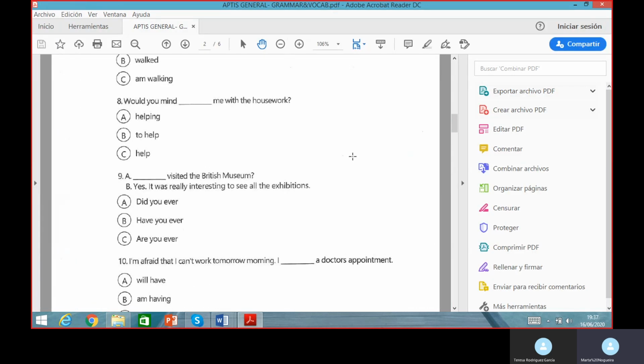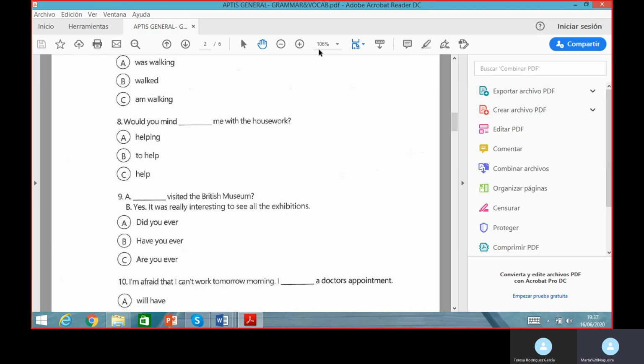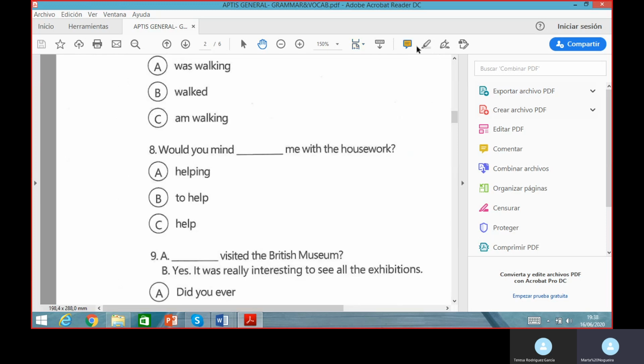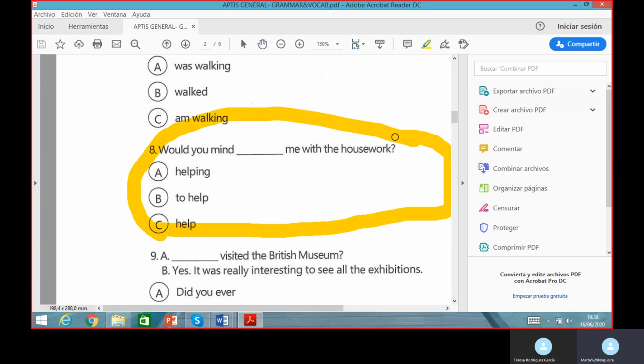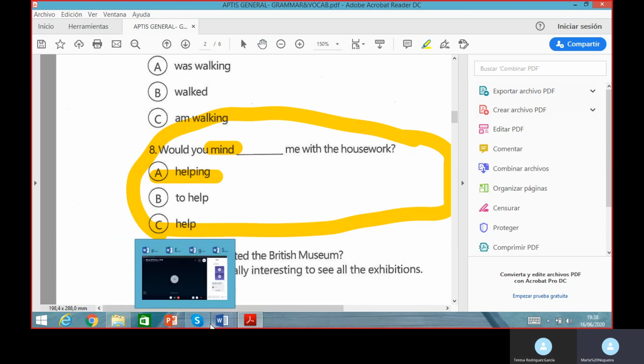So, for example, we've got this. This was in the exam. So would you mind, mind is followed by ing. So would you mind helping me with the housework? So if you are able to recognize these verbs, you're going to do the exam very quickly. So I'm going to pass the document. Yes, I have passed it.